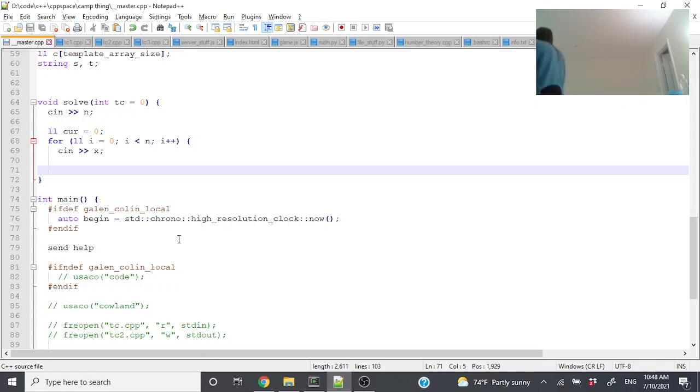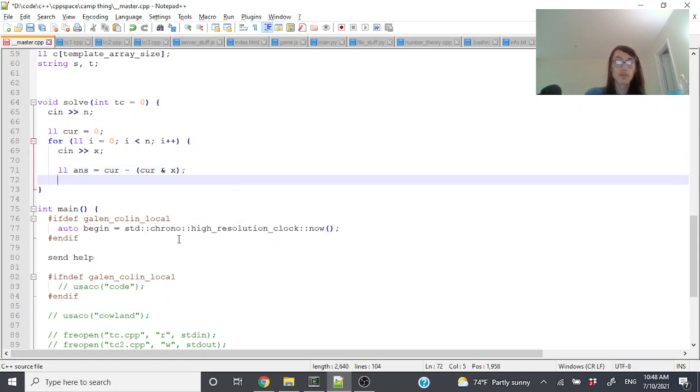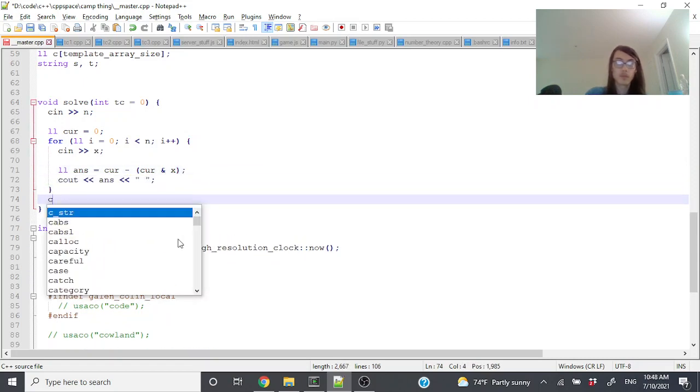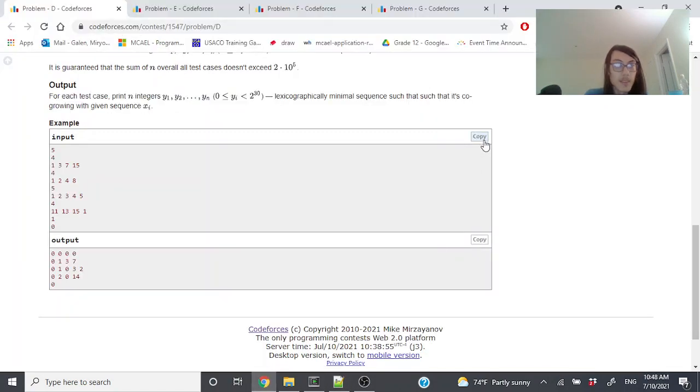So let's see. We need the bits that are missing. And it's equal to, what is it? So it's cur minus I think that's right. I'll explain this all later, of course. Oh no, okay.